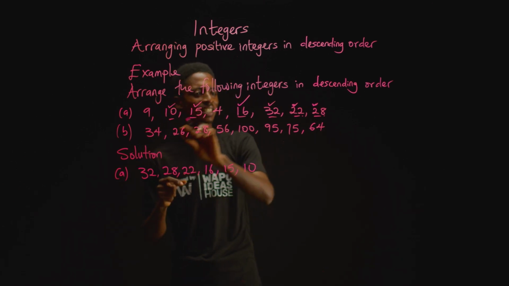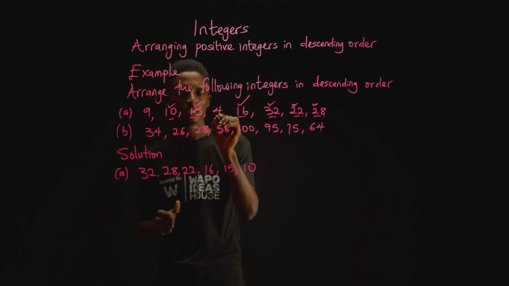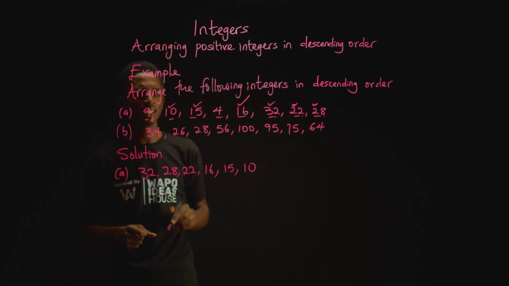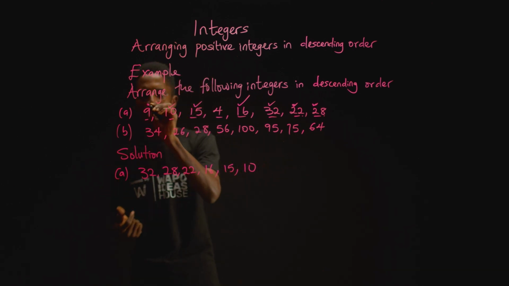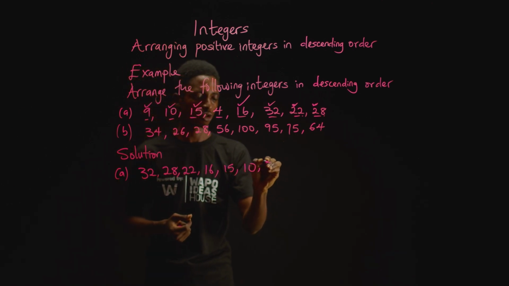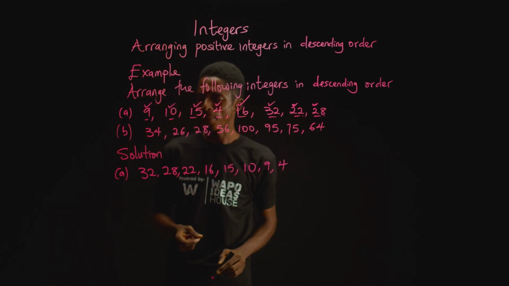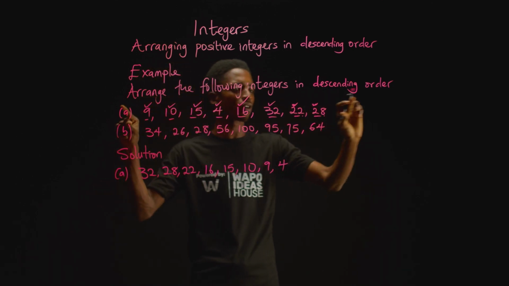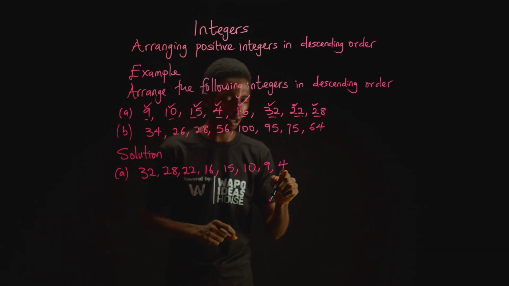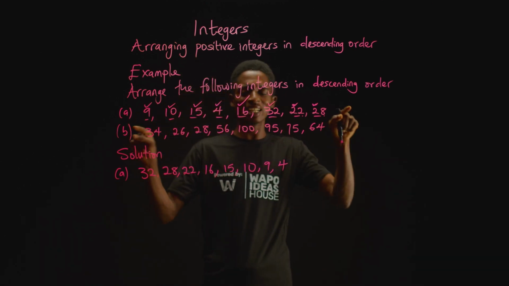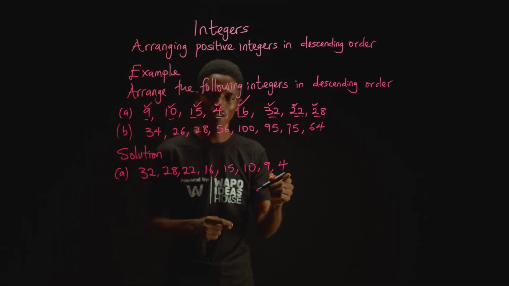We have organized this in descending order. Now we go to the single digits. We have 4 and we have 9. Of 4 and 9, which one has the highest value? 9. So we write 9 and then we end this with 4. By doing this, we have arranged this set of numbers from the biggest one to the smallest one. That is, the biggest number in this set is 32 and the smallest is 4.